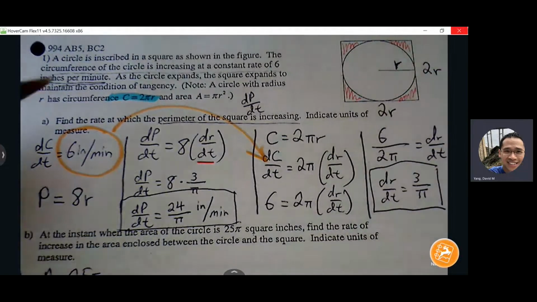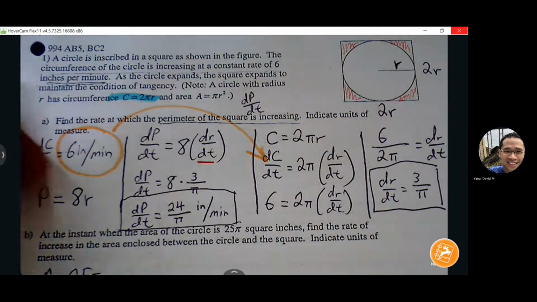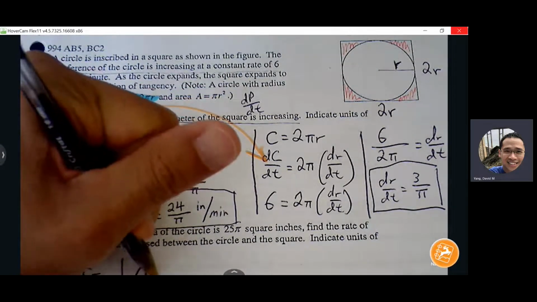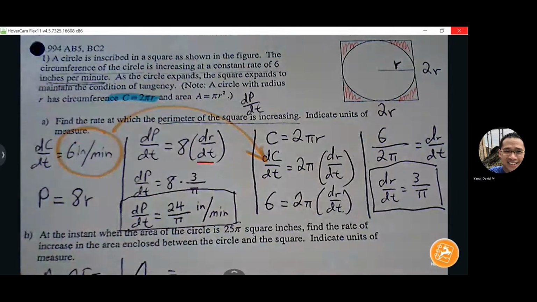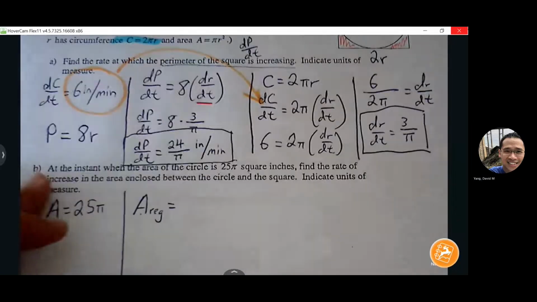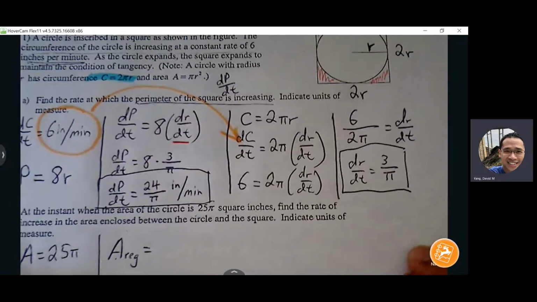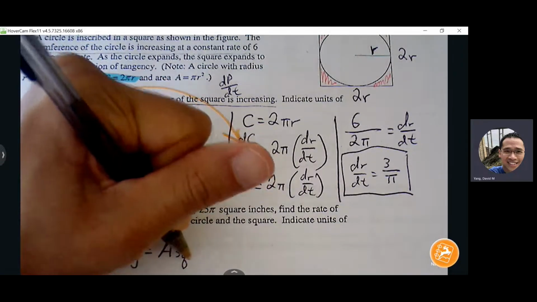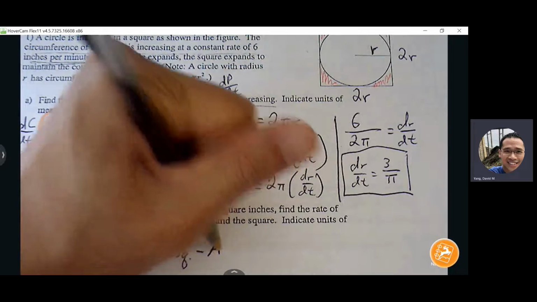So the area of the region is equal to the area of the square minus the area of the circle.